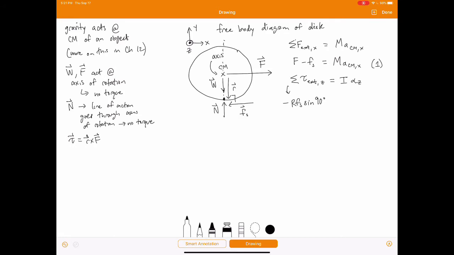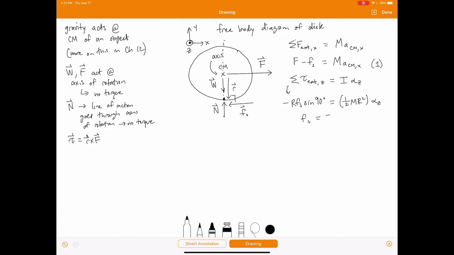On the other side, I have the moment of inertia, which is 1/2 times m times r squared, and then we have alpha z. So we can simplify this a bit by dividing through by r, and also by -1.